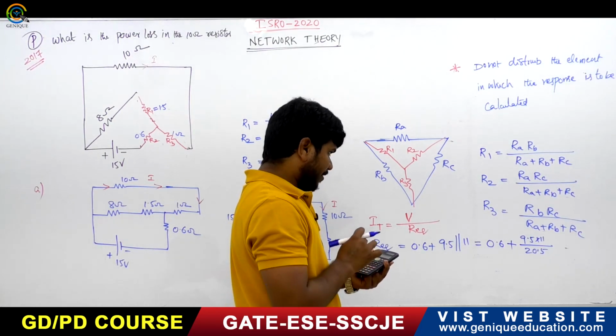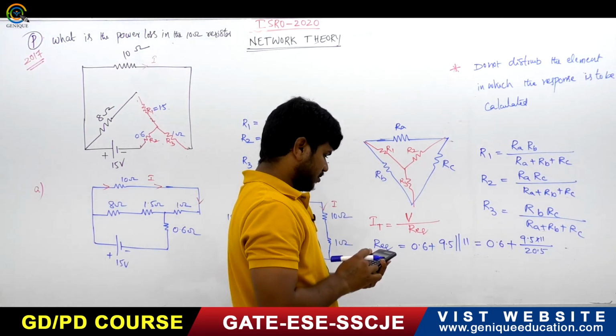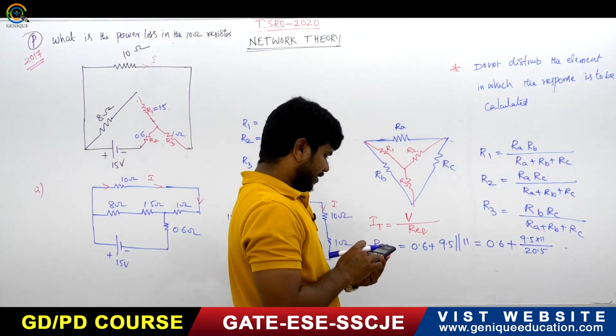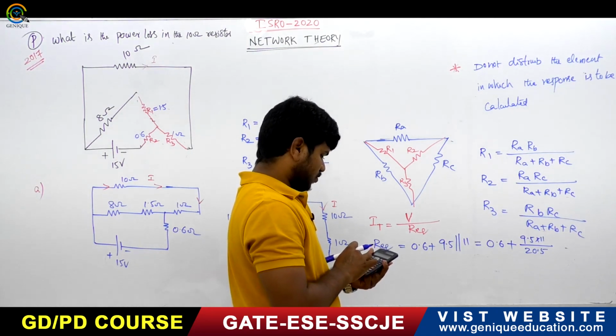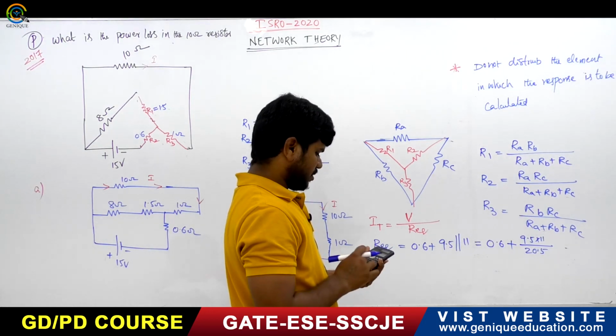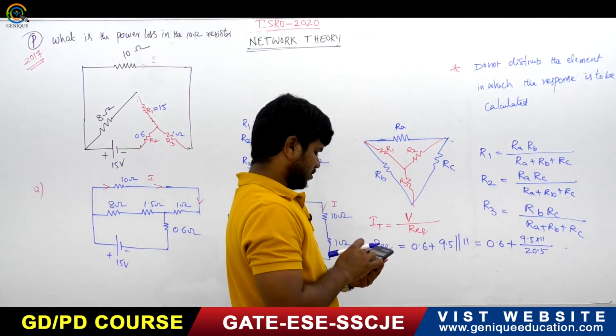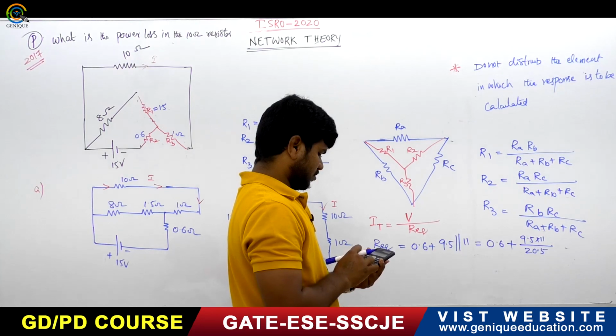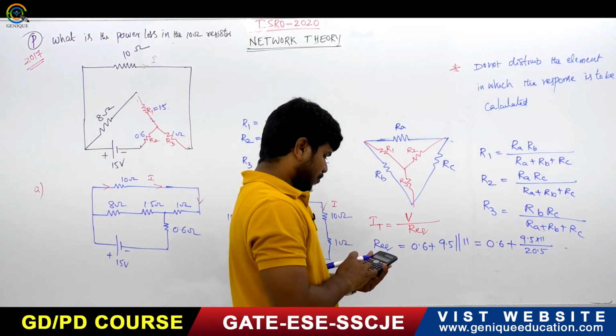It is 9.5 into 11 divided by 20.5 plus 0.6.